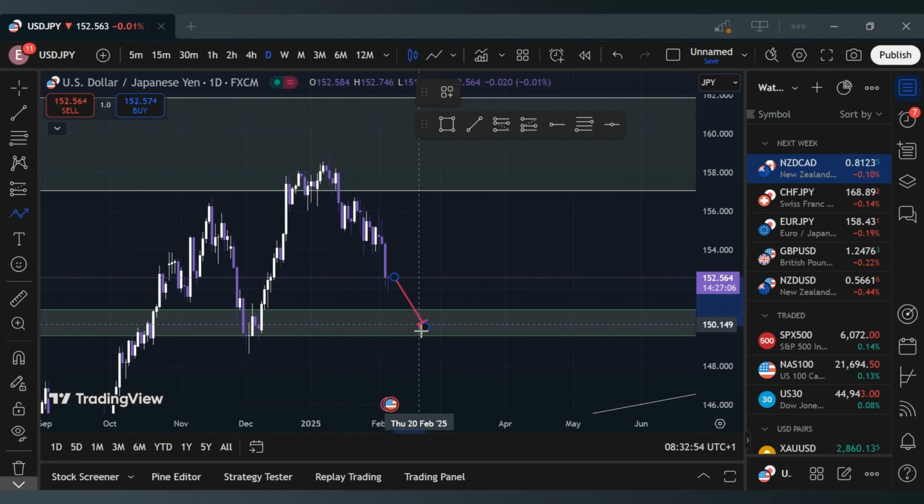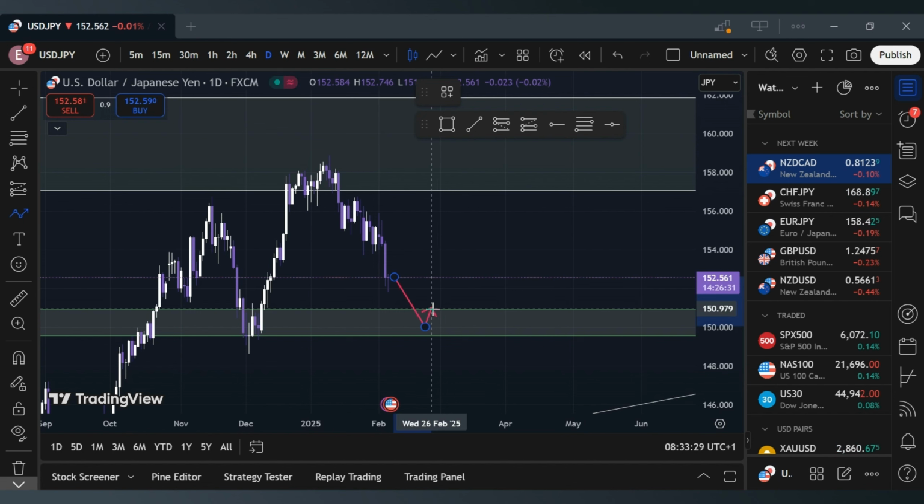Then we wait for our confirmation. So the confirmations that I use are the reversal patterns, which are double top, double bottoms, head and shoulders, reverse head and shoulders, and I also use reversal candlestick patterns like bullish engulfing, doji star, and some other reversal candlestick patterns.